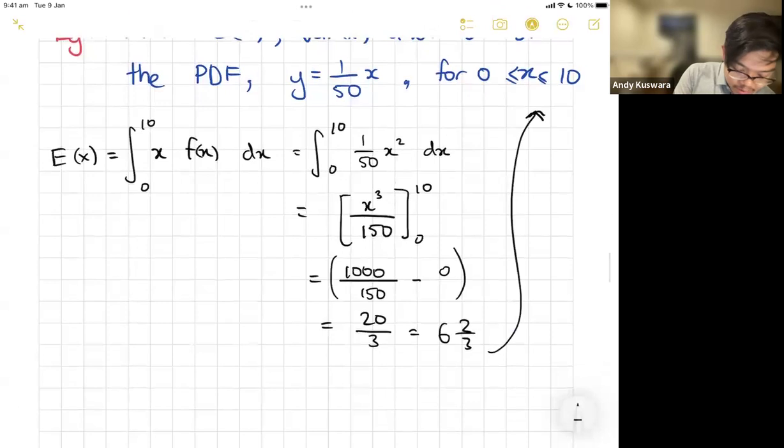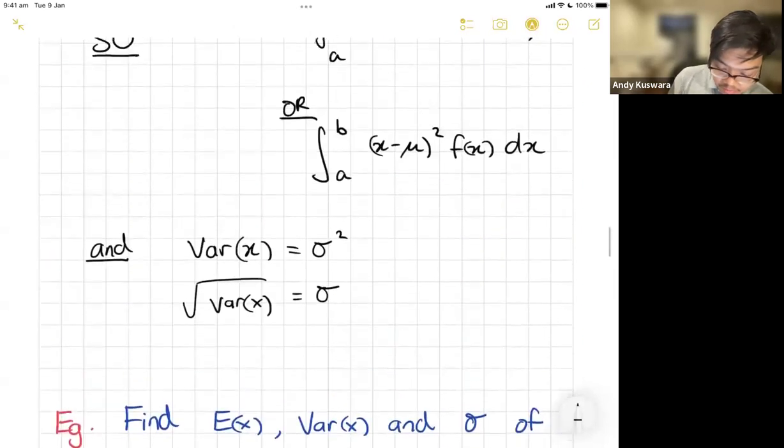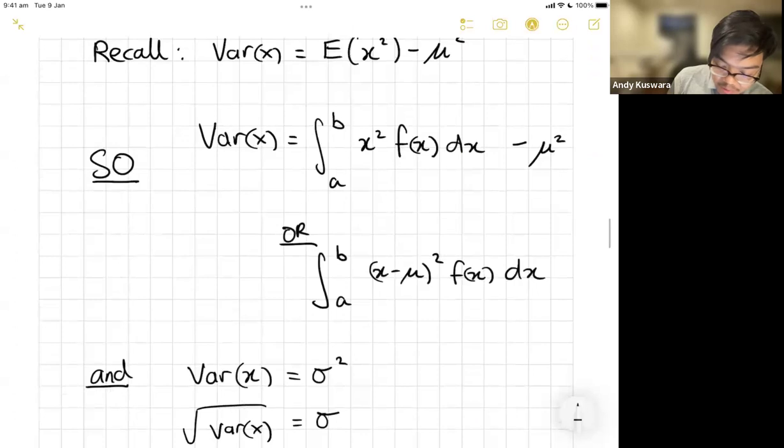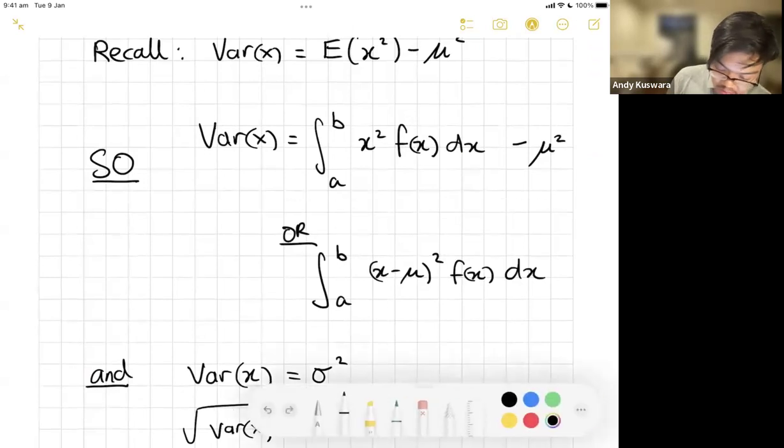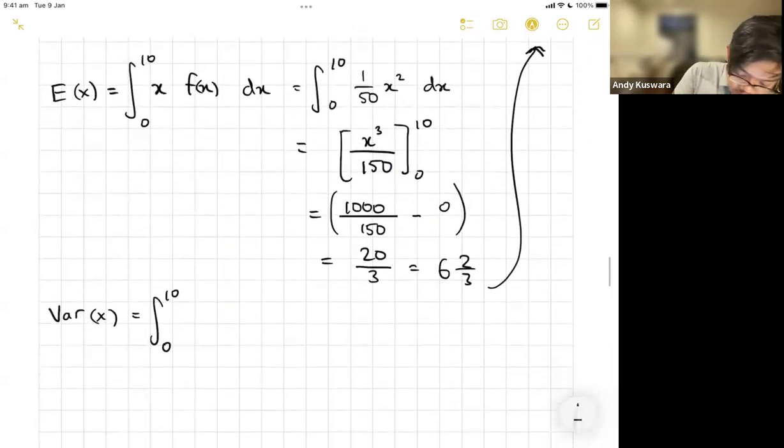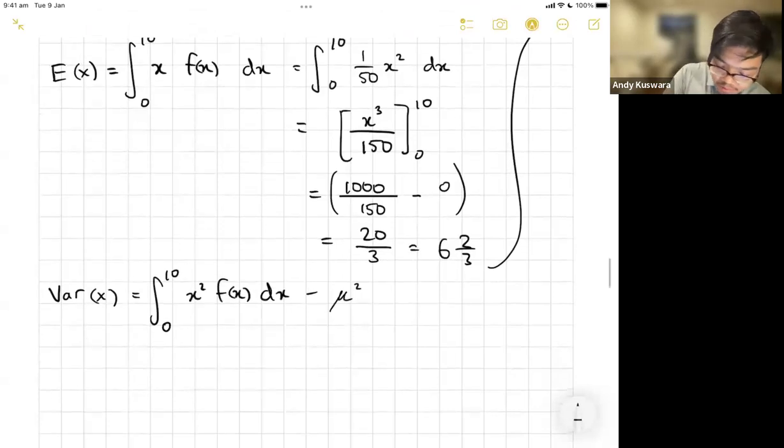Now, how do I find my variance? Again, it's between my two points here, and the formula I'm going to use is probably the top one, because I prefer that one. It's going to be x squared f(x) dx, take away mu squared, because I've already found what mu is.